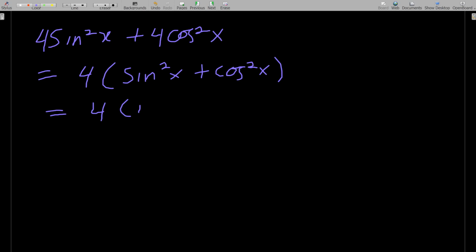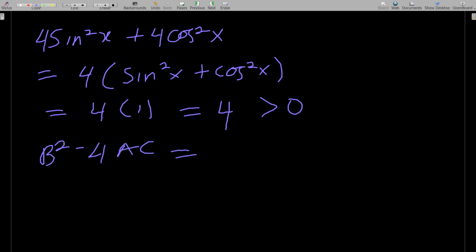So I have 4 into 1, which will definitely give us 4. Now this is greater than 0. That means our b squared minus 4ac simplifies to 4, which is greater than 0. And since this is greater than 0, we have a hyperbolic equation.